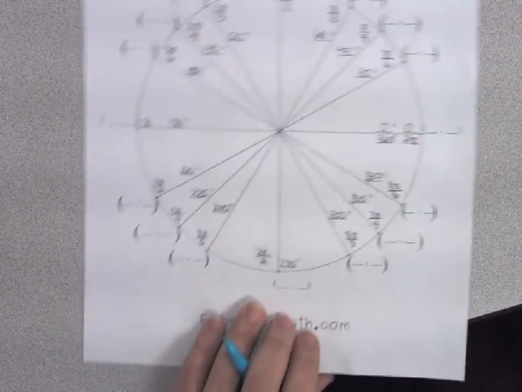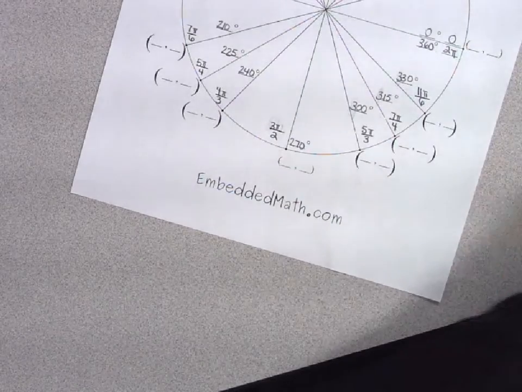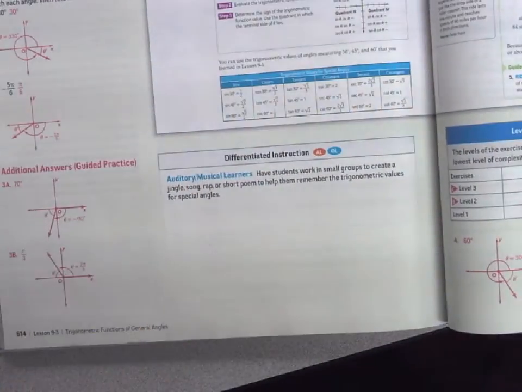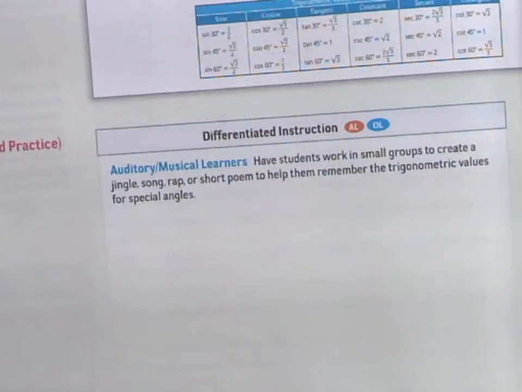Okay. Then the things you need to know. I'm going to zoom in. I'm not writing it down for you. It is in your book. It is on page 614, so you can look at it later. I'll just zoom in so you can see it. Don't get your book out.